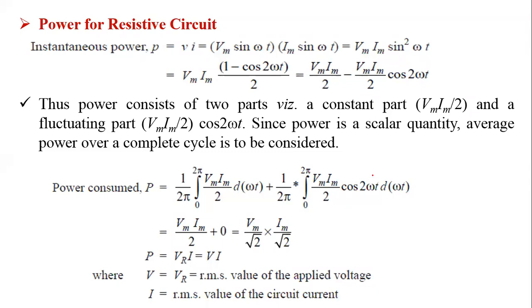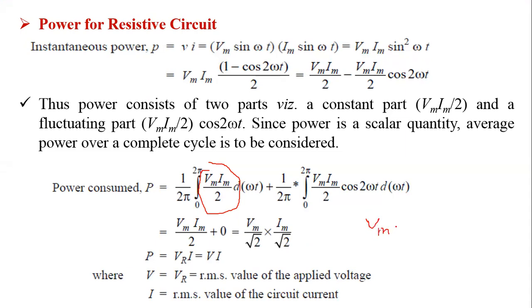Now, see, this Vm Im by 2 is constant, and integration of 1 is d omega t, and the limit is 0 to 2 pi. So for the first term, I'm getting like this.